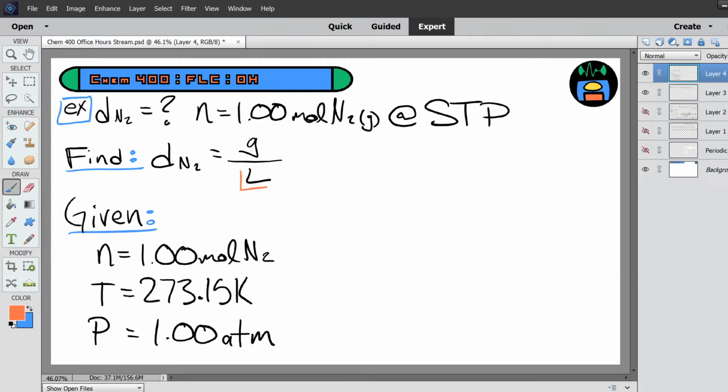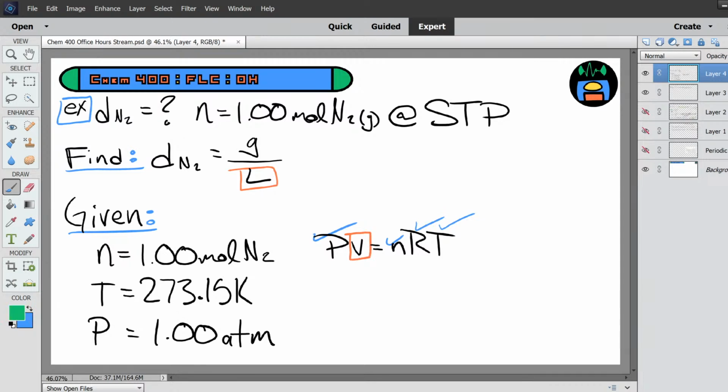In our denominator we need to find liters, and we have the ideal gas law, PV equals nRT, with pressure, moles, temperature, and we always have R. So we can use the ideal gas law to find our volume.